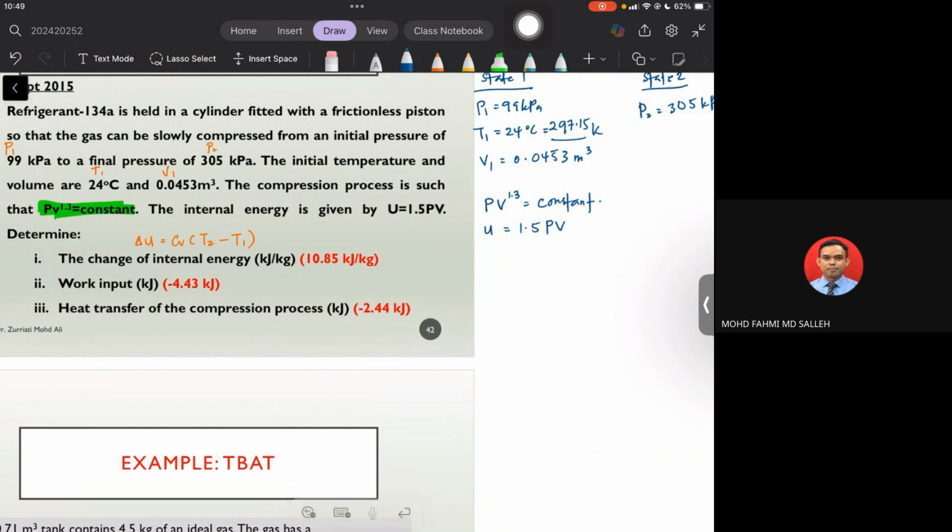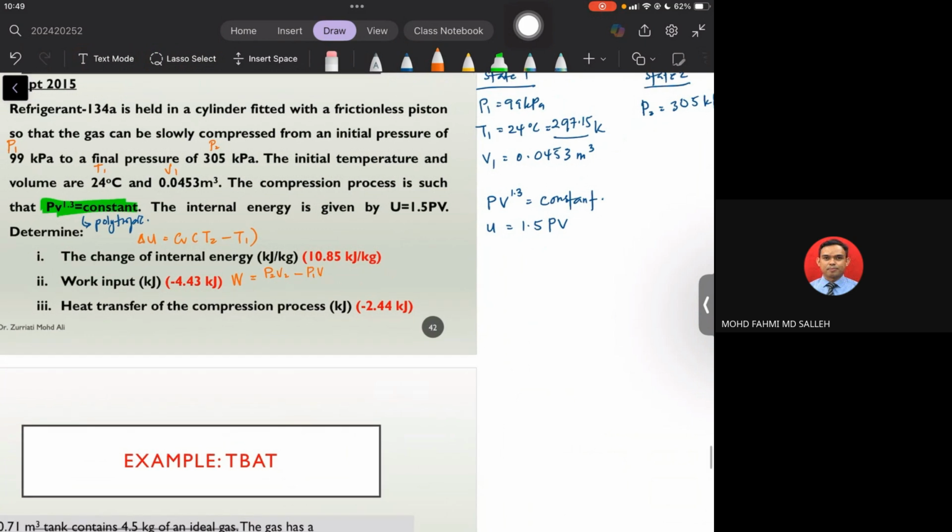So this will be referring to polytropic, right? Thus, the work input can be determined by using this formula: P2V2 minus P1V1 divided by 1 minus n, and n is the polytropic index.